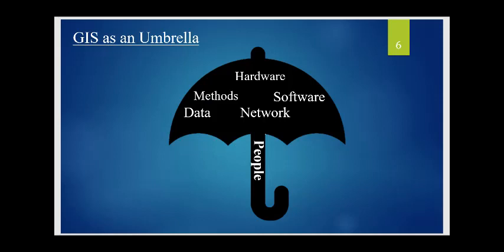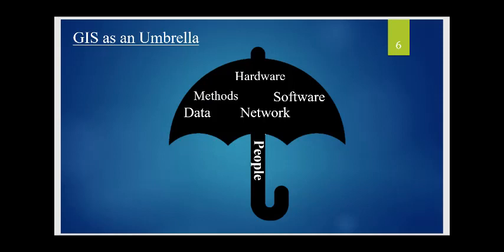The 6 parts of a GIS are hardware, software, network, methods, data, and people.